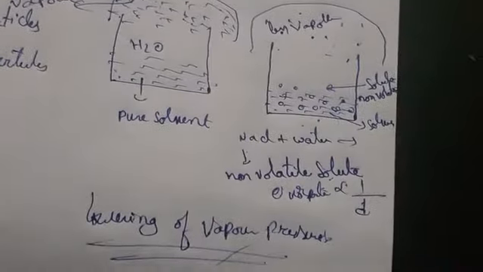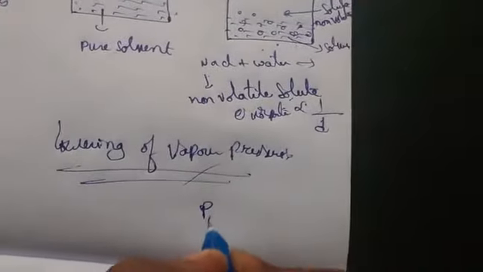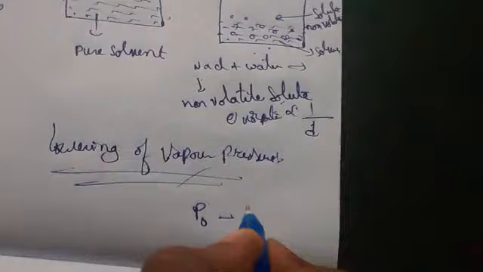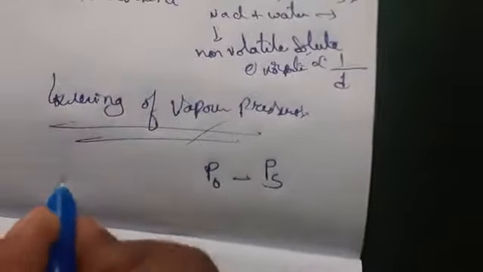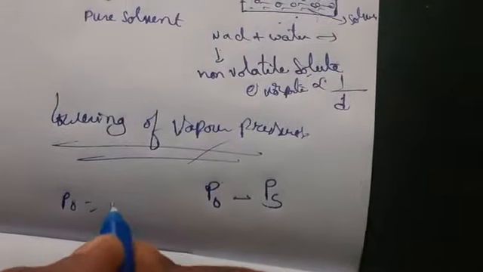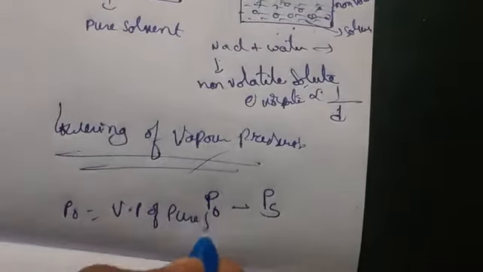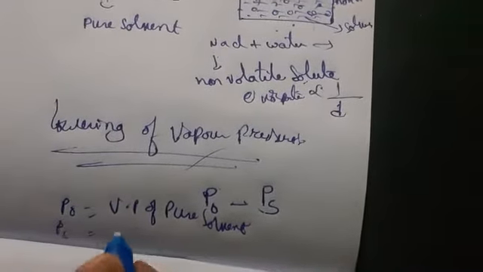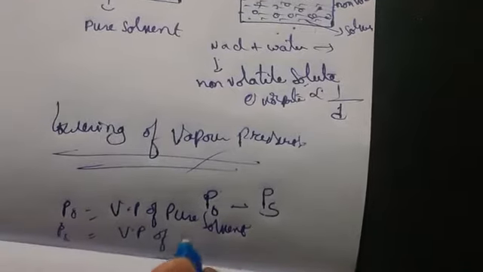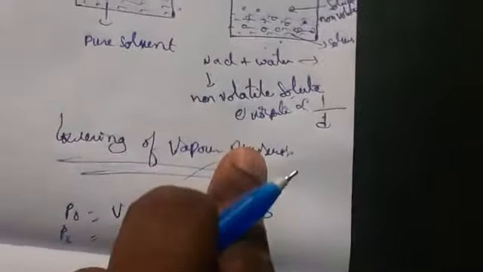It is nothing but the difference between the vapor pressure of the pure solvent and the solution. That we call lowering of vapor pressure, where P0 indicates the vapor pressure of the pure solvent, and Ps indicates the vapor pressure of the solution.